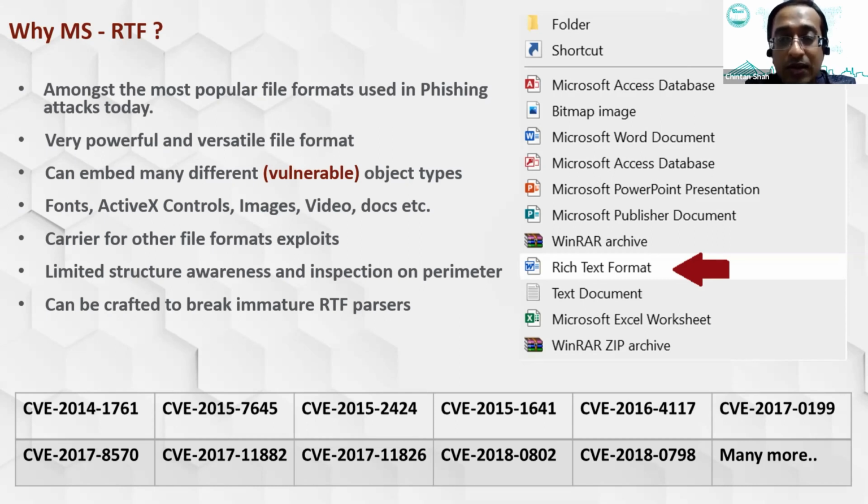If you look at the distinction between the RTF file format and other file formats which Office applications have, for example, docx or other OOXML file formats versus the compound binary file format, one of the prime differences is that the RTF file format can be obfuscated heavily to evade detection, which is very unlikely with the other file formats.